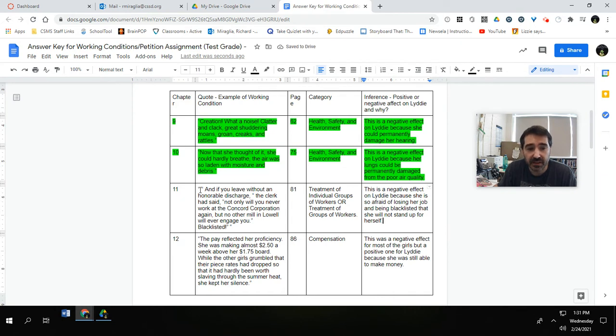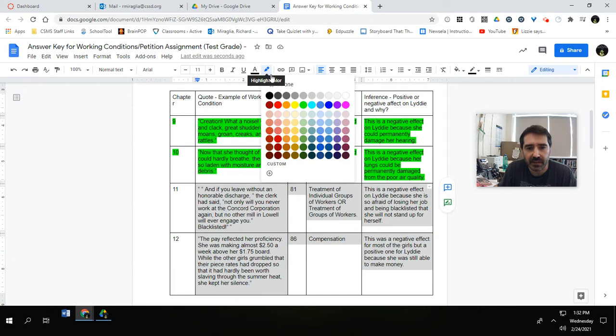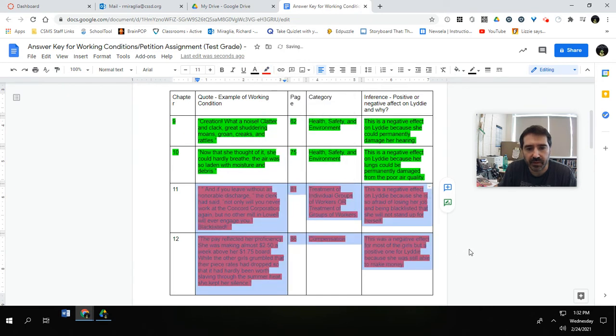The next two, if she signs the petition, she's going to be blacklisted, which means she won't be able to work anywhere. Or the second quote, she won't have any money. So those are reasons why she might hesitate to sign the petition. And we're going to put those into red.